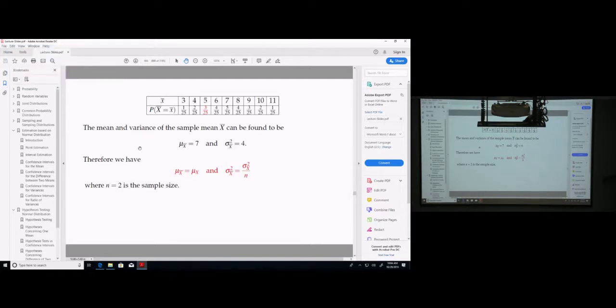So this is what we call reasonable estimators, providing point estimations of the population mean and also the population variance or population standard deviation, because they differ by a square root. Another area would be interval estimations.